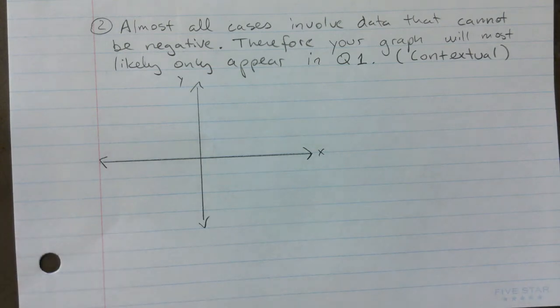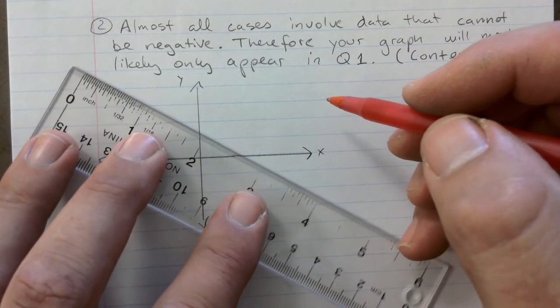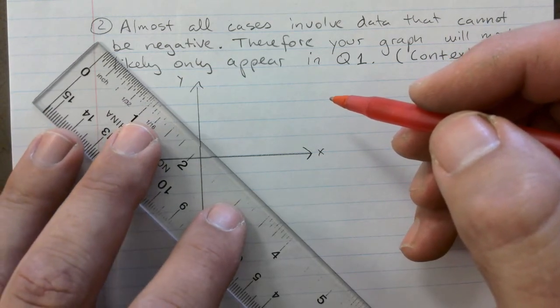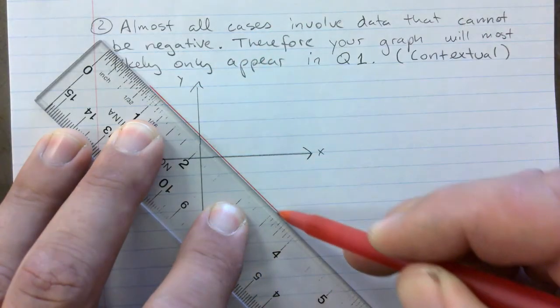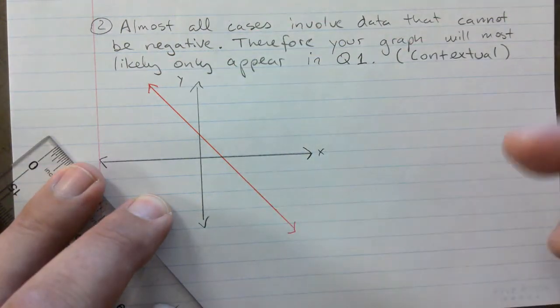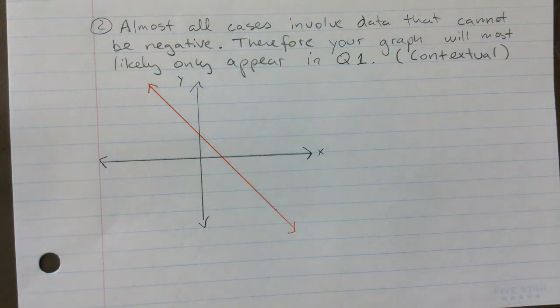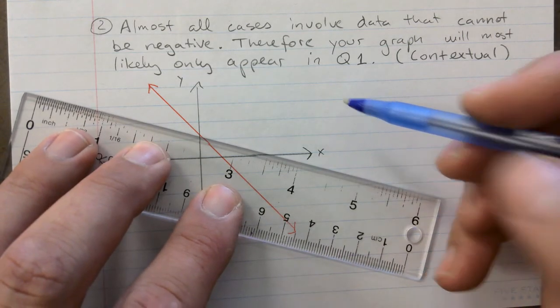And if you have different colors, it'd be great. You don't have to. But let's say you have a graph where one line goes like this. And the other line, let's make it go like this.